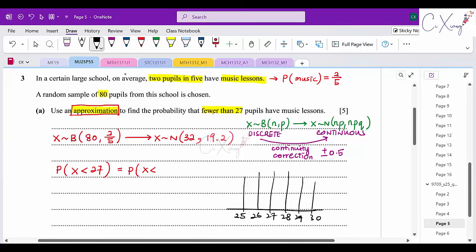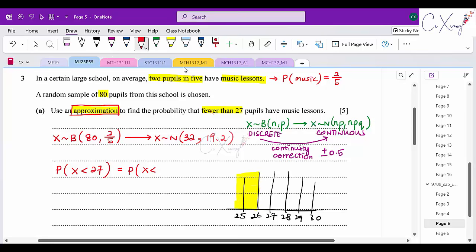Let's have a look at the question. We are looking for x smaller than 27. But the 27 has no equal sign, right? So 27 itself is not included in your calculation. Therefore, the area or probability that I want to find starts from 26 and below.